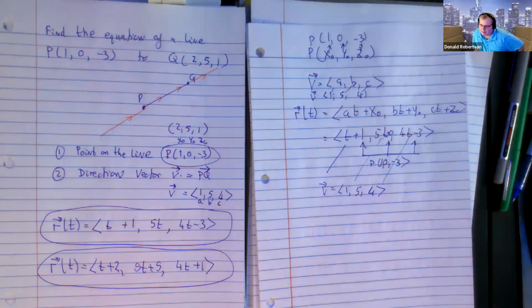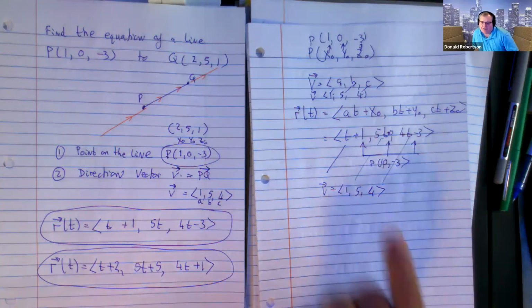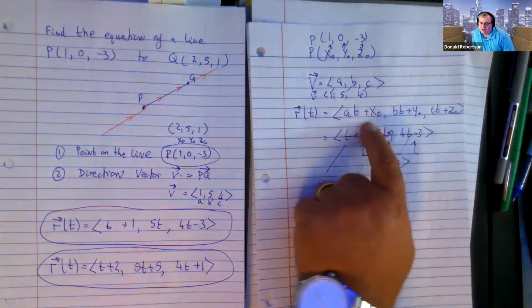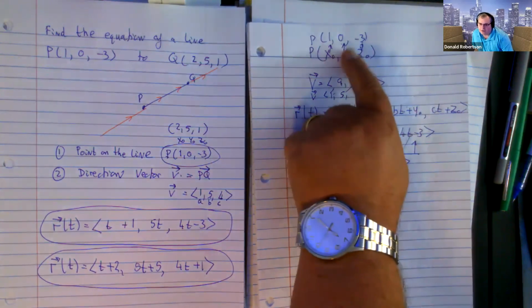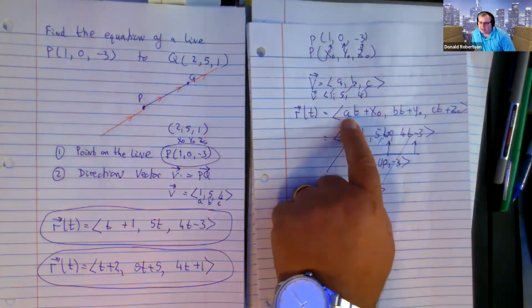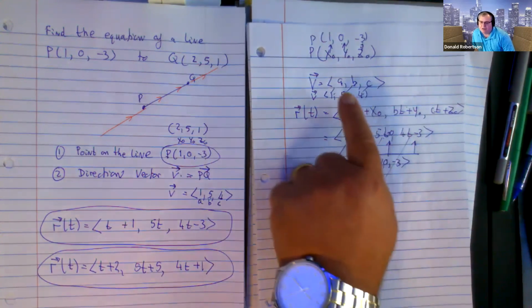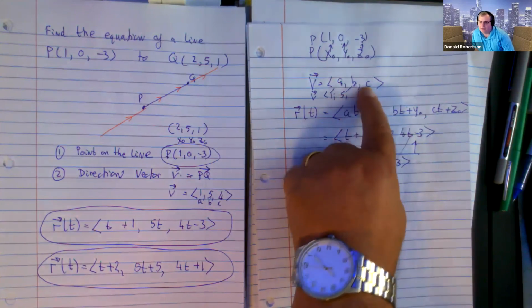That help? Yes, it did. Thank you. So it's all a matter of just memorizing the general formula, which is this, and realizing that x naught, y naught, and z naught are the coordinates. And the guy next to t, at, bt, and ct, they come from here. That's a, that number will be b, and that number will be c.